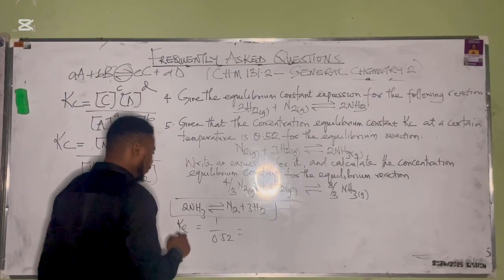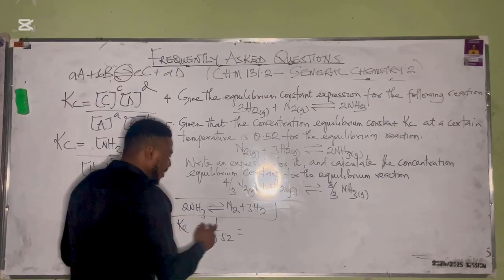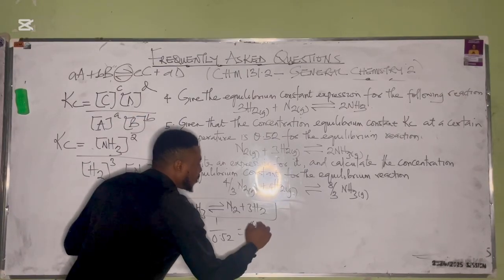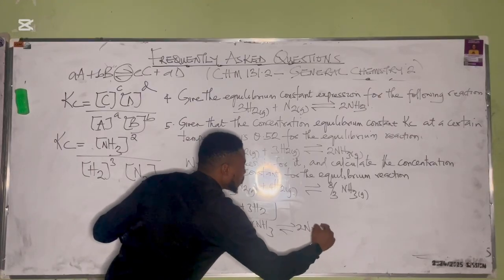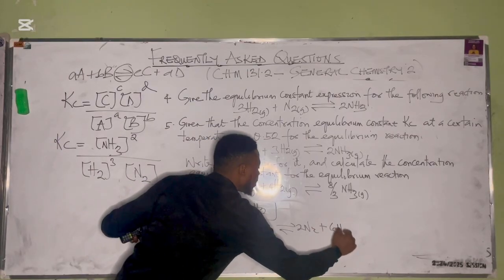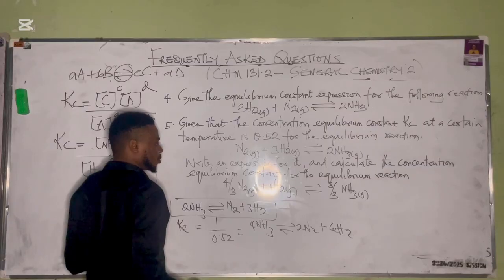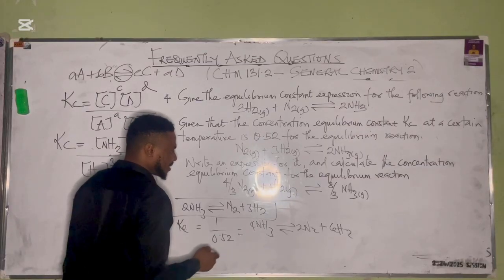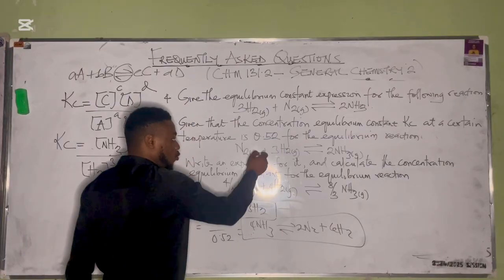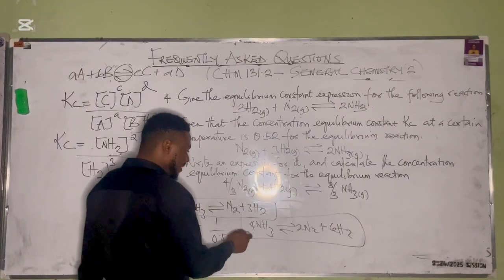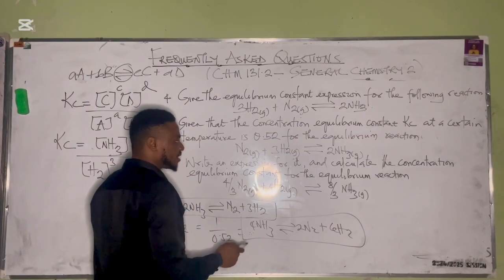Now another thing is, if this reaction were to be, let's say, 4NH3 to give us 2N2 plus 6H2. If you look at this, the thing that changed here is that first of all it was reversed.